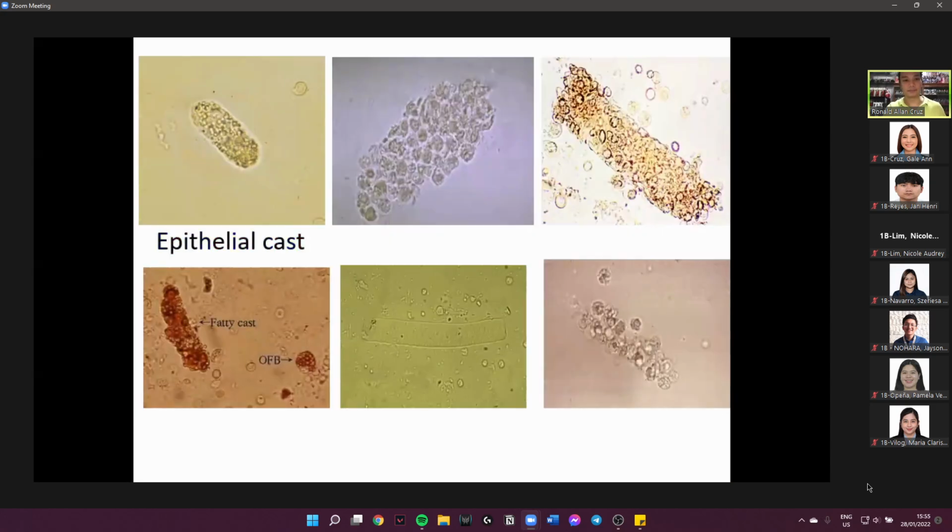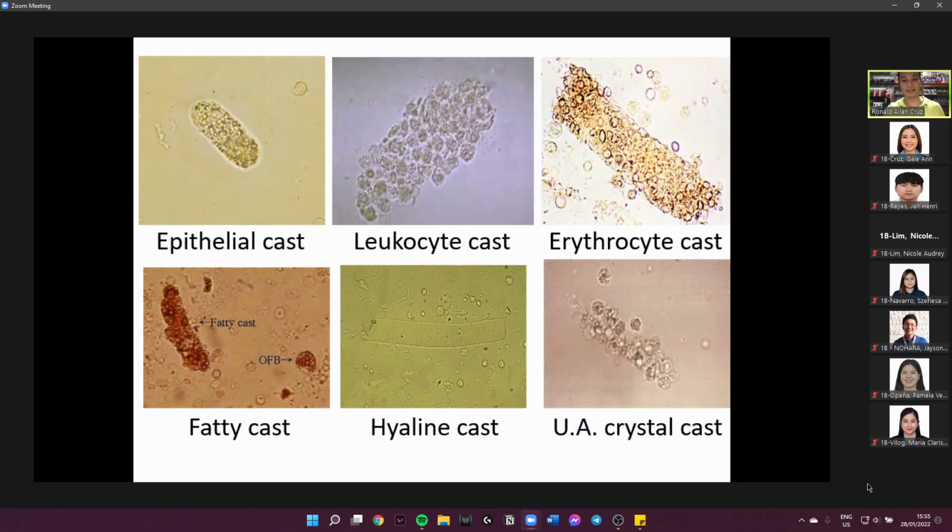Here are your epithelial casts, WBC casts, RBC casts, hyaline casts, and uric acid crystal casts. If you have these casts, you might want to tell your patient to hydrate more because you need to flush these casts out in order to clear the passage of your tubules.